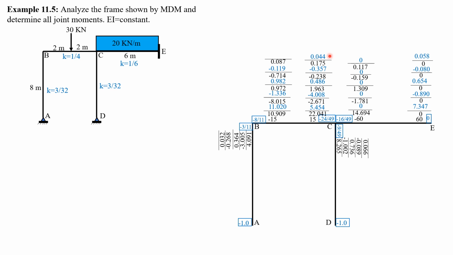Then 0.044 times negative 16 over 49 is negative 0.014, lock finally. 0.044 times negative 9 over 49 is negative 0.008, lock finally. Then 0.058 times 0, lock finally.